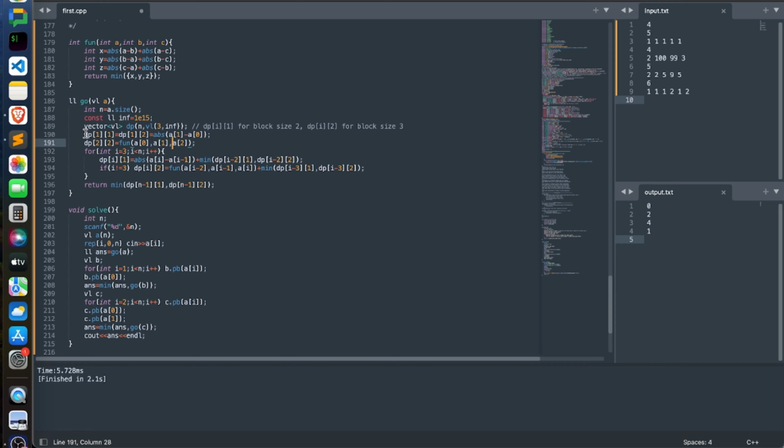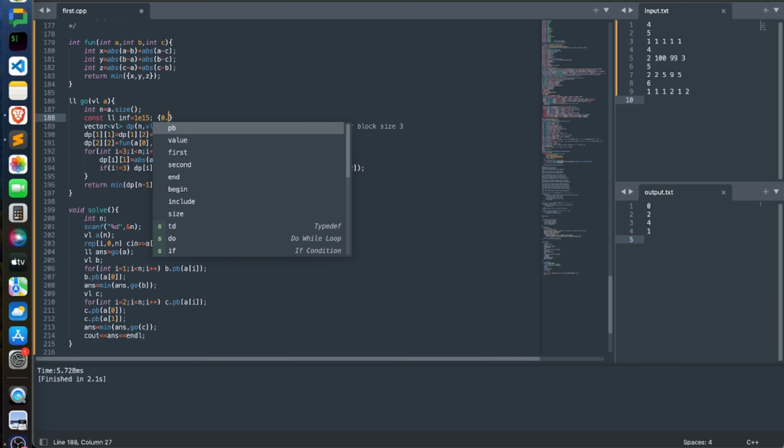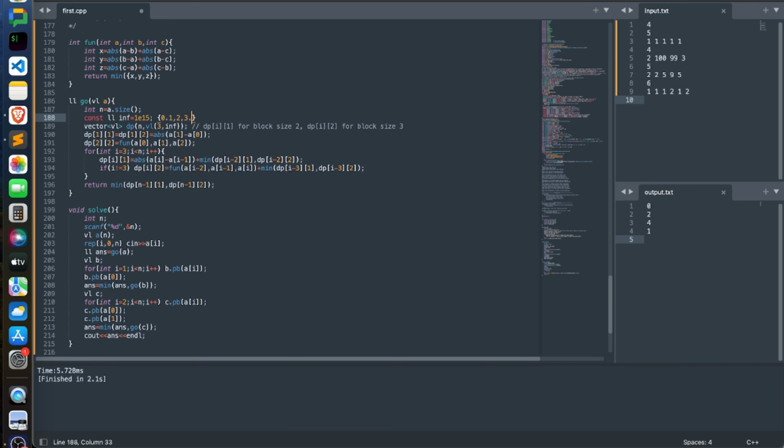For dp of 1,1, which means index number 1, there are two numbers, index 0 number and index 1 number. So there the number of operations is going to be the absolute value of a of 1 minus a of 0. Similarly for 2, the indexes of the array are 0, 1, 2, 3 up till n minus 1.